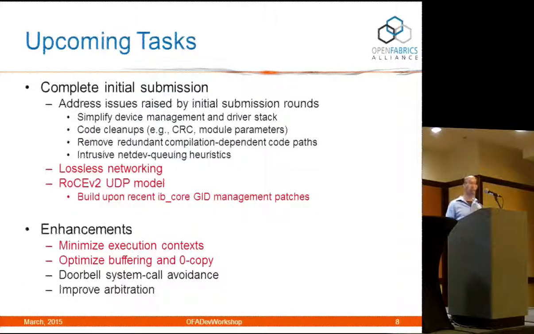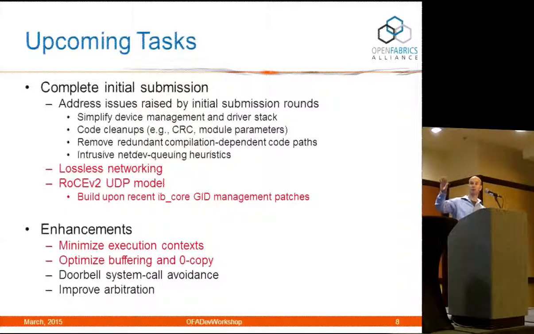So we want to remove all those and remain with the most promising ones. And there were also some heuristics that involved lossless networking issues, which we want to address from the root, and remove a little bit of intrusive code that looked into the queuing disciplines that were rejected by the community.